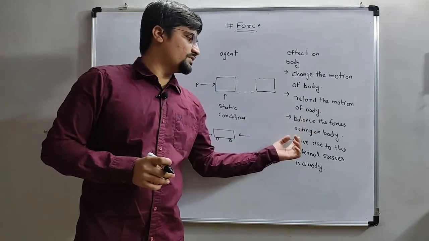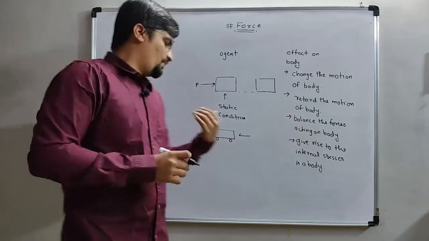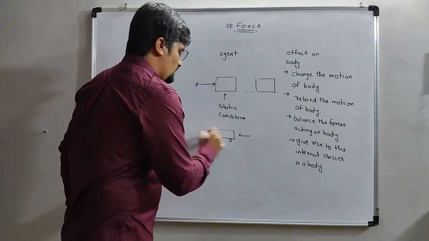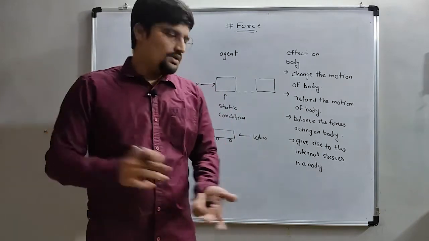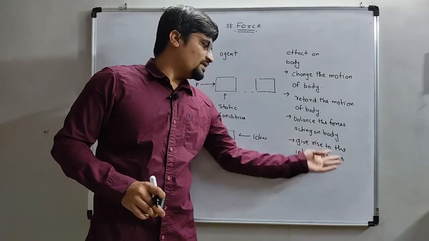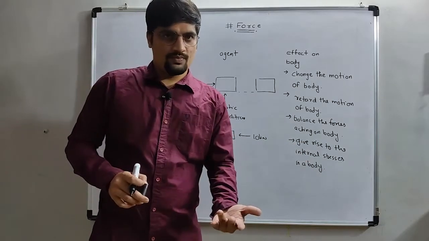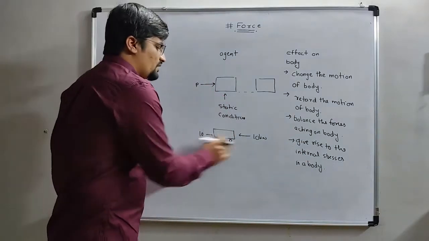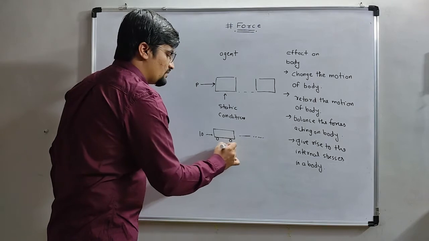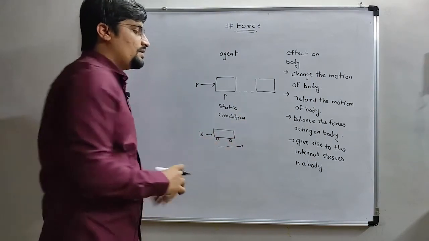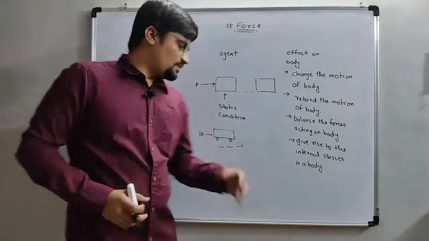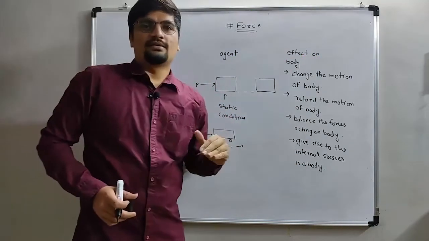Second, it balances the forces acting on the body. If 10 kN is applied from here and 10 kN from here, the body will be in a balanced condition. And the fourth point is that it gives rise to internal stresses in the body. If the body is moving in this direction and we apply an extra force from here, then stresses will arise inside the body.